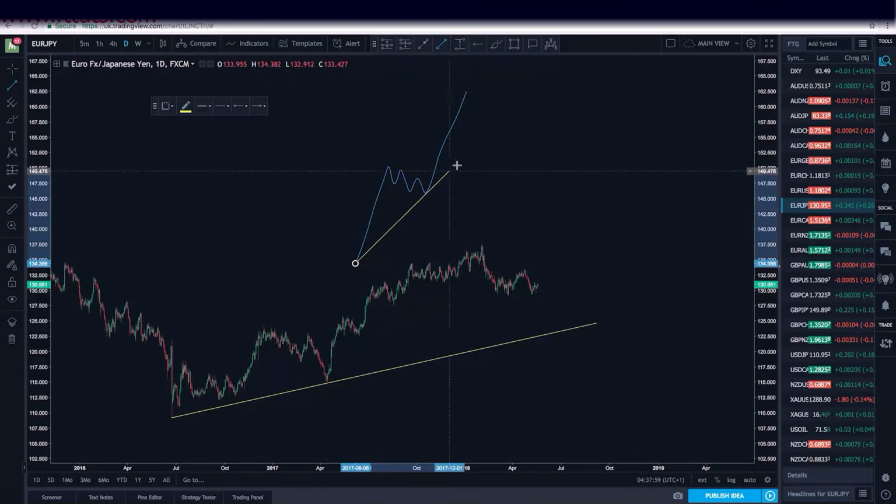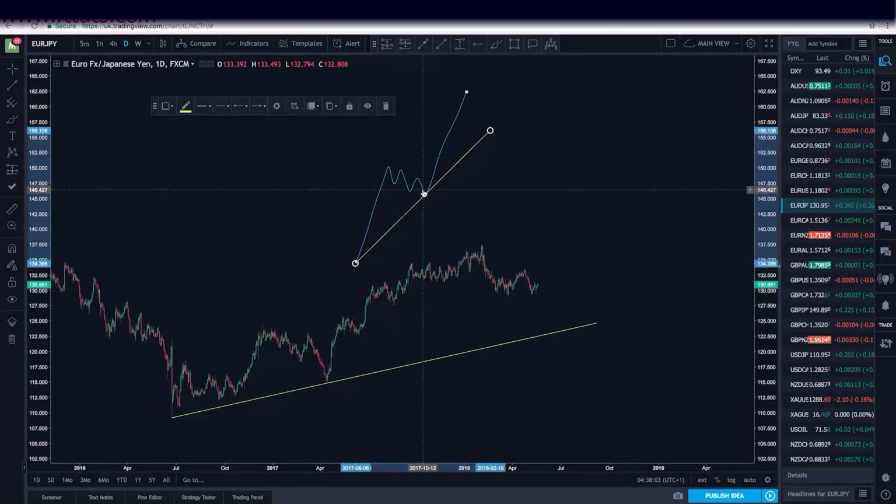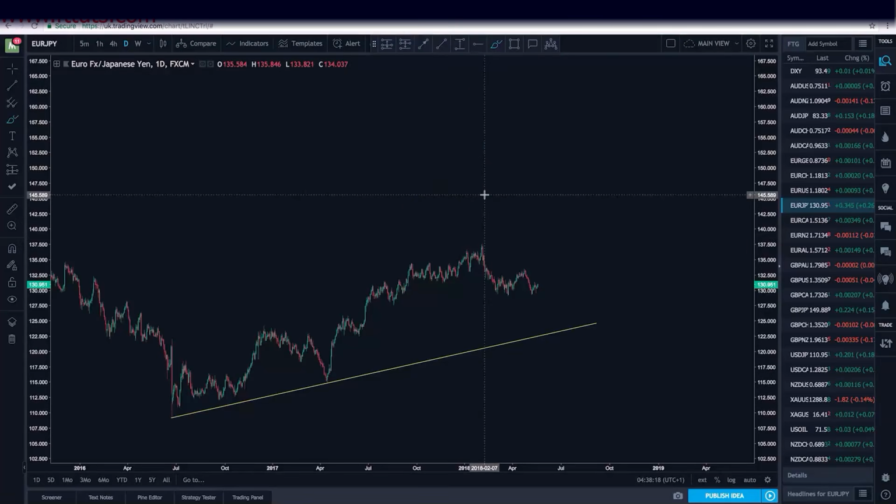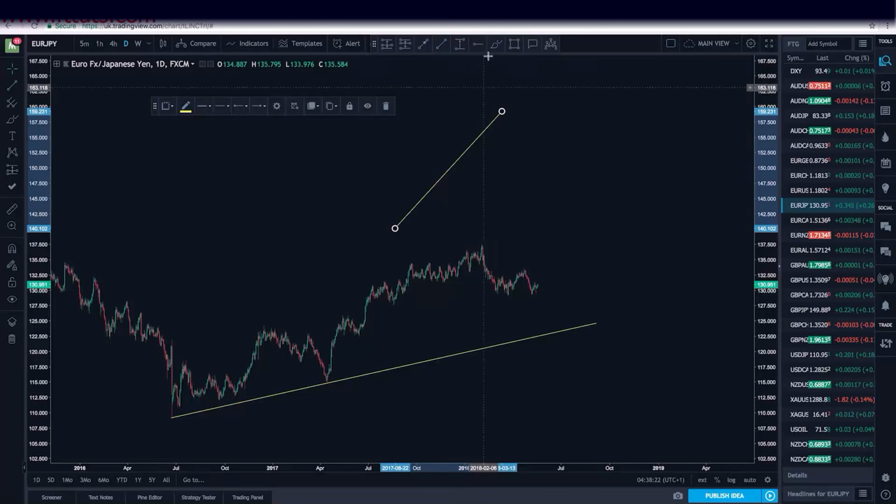Let's say, for example, we had a trend line here, and you can see we have our impulse, we have our correction. It wouldn't be unnatural for the market to correctively break the trend line in the same form of the pattern and then still move to the upside. What would happen is it would look like this. So if we take a trend line here, for example, and we have our impulse, and then we have our correction.